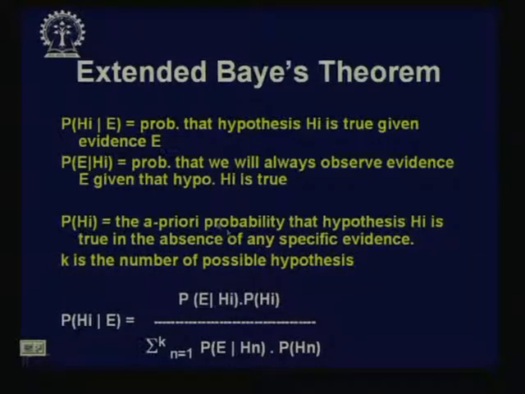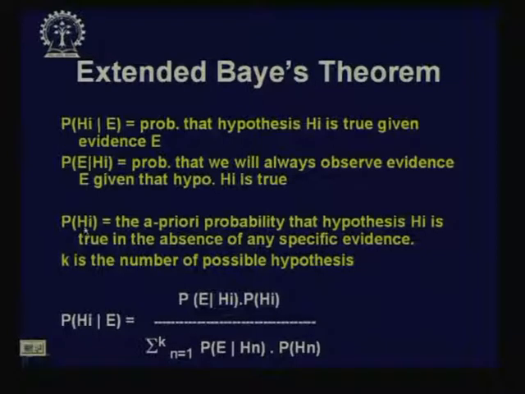P(Hi) is the a priori probability that the hypothesis Hi is true in the absence of any specific evidence. As I said, I go to a particular village and I straight away know that 60% of the people suffer from malnutrition. So, for that I need not really do a lot of statistics. If I have that data, I can simply start with P(Hi), the probability that somebody in that village will suffer from malnutrition, being 0.6.